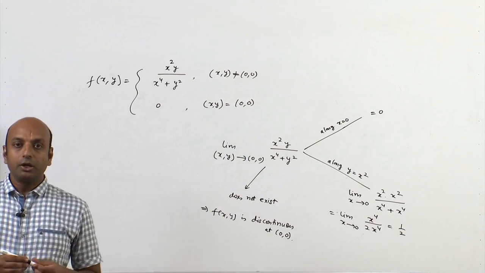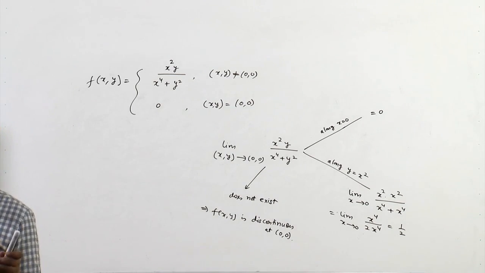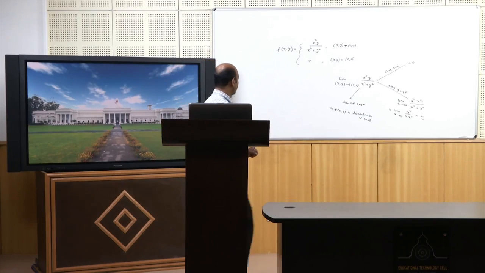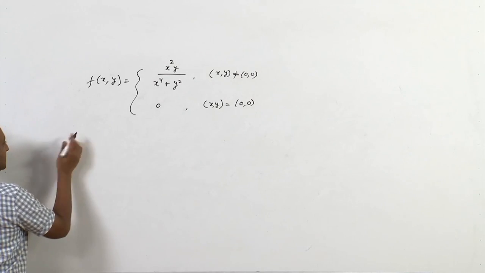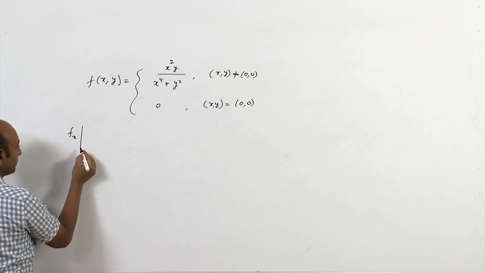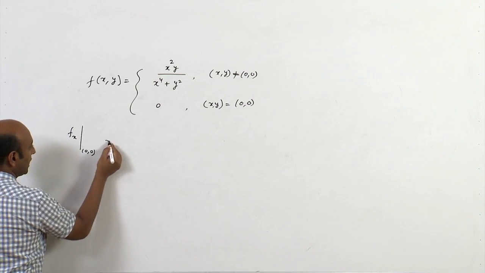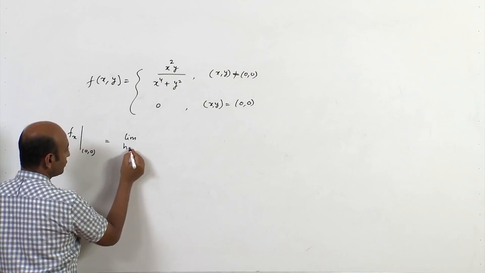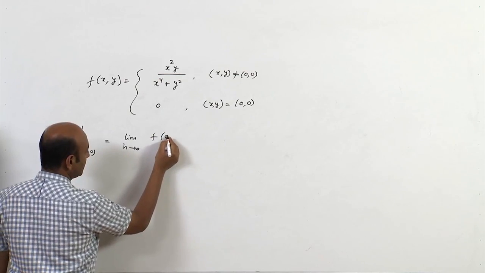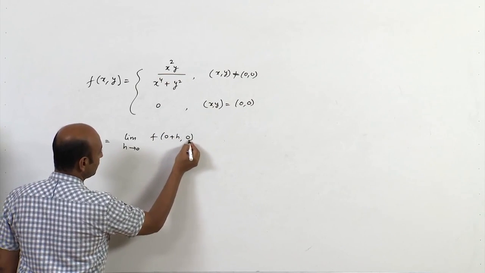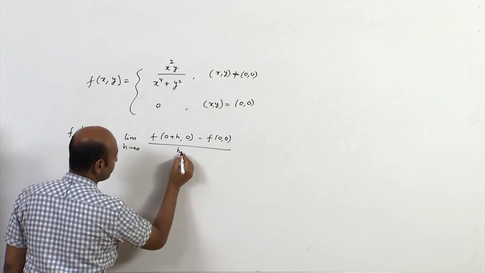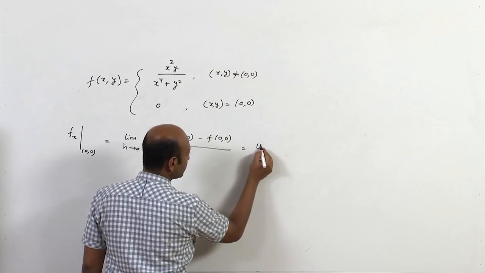Okay. Now, let us try to prove that its first order partial derivative exists. So, let us find f x at 0 comma 0. Again we will use the definition of limit, it is limit h tending to 0 f of 0 plus h comma 0 minus f 0 0 upon h.